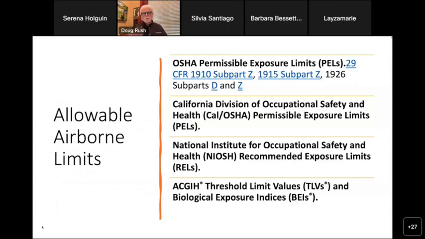I just want to throw this up out here. If your plant or where you work has not identified what levels you want to be working with, you need to do that and then stick with it as you're doing your exposure assessments. Many times I've seen people pick ACGIH levels for the ones that we're going to use.